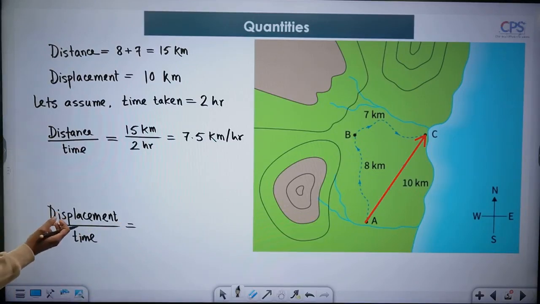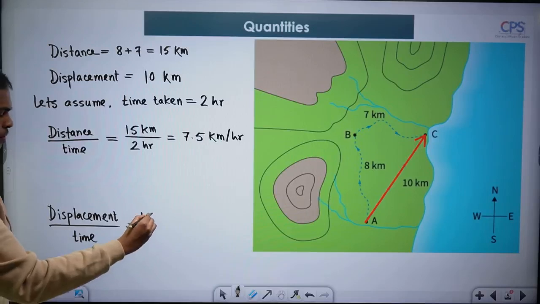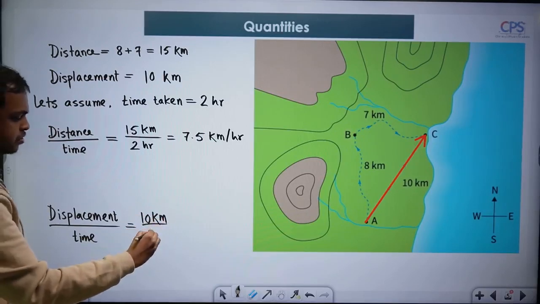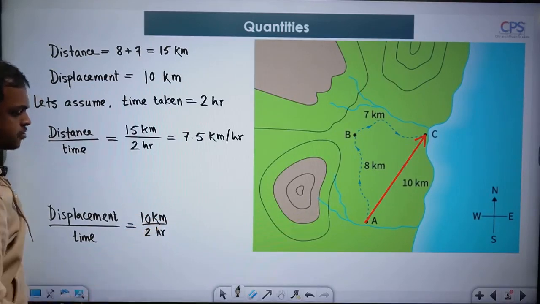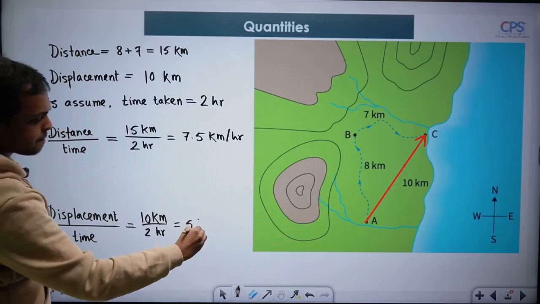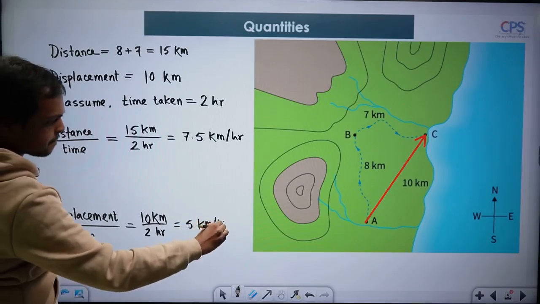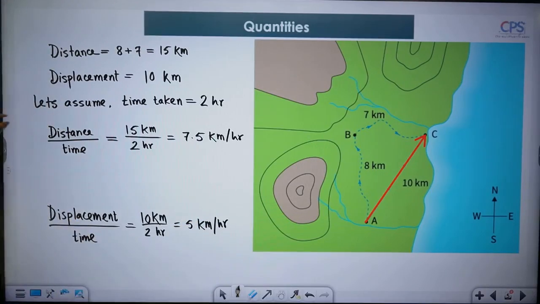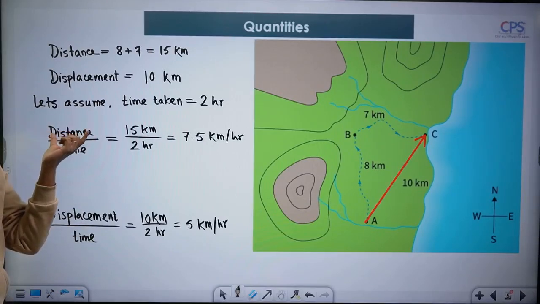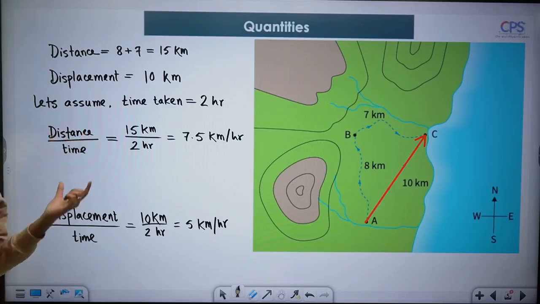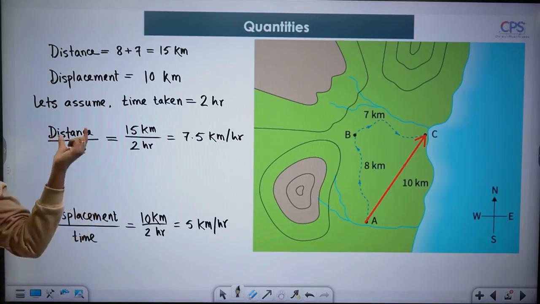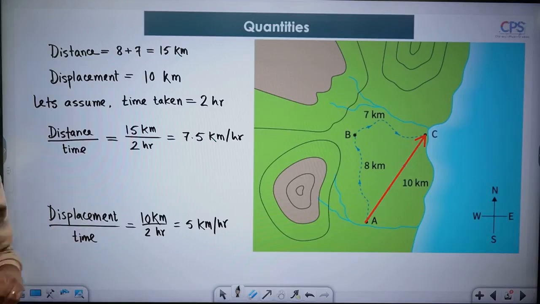The displacement is 10 kilometers and the time is 2 hours. So it's 5 kilometers per hour. So these are not the same thing, right? How can it be the same? The things in the numerator are different. So distance and displacement are not the same thing.